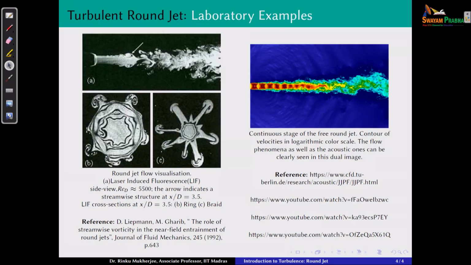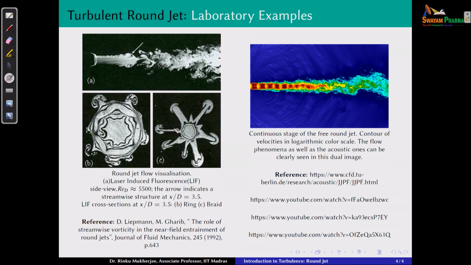So what we see, and another question that is important to notice here, is that at this location we have these two views.